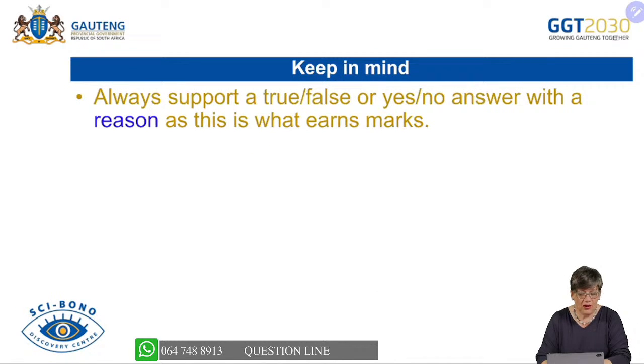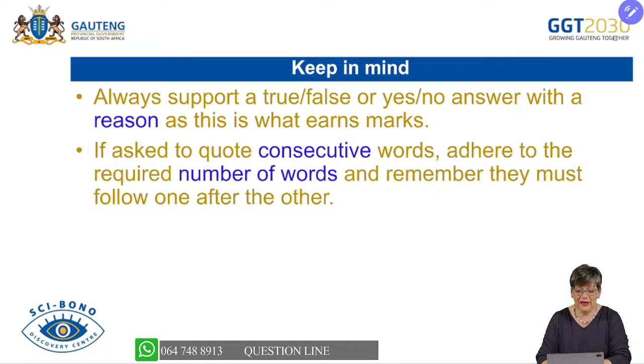You might be asked to support a true or false question or a yes or no question. Now remember, you're not going to get marks for yes or no. It has to be there. When we're looking at the reason, that's where you're getting your marks. So always remember that. Now, consecutive means you have to answer or you have to quote, for instance, one word after the other.